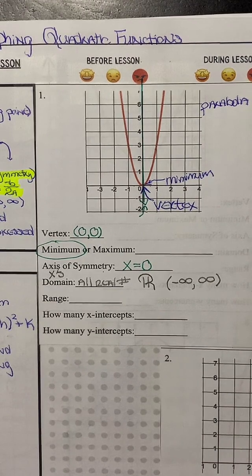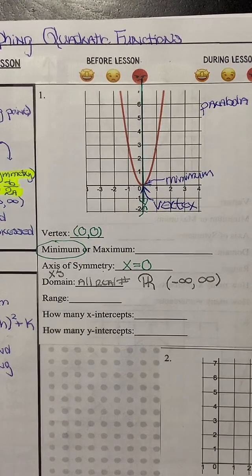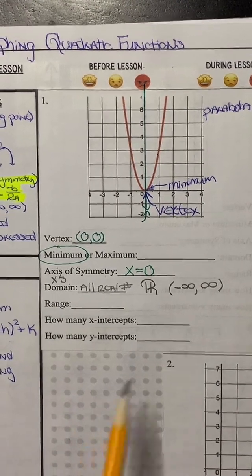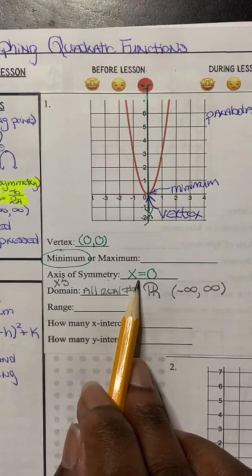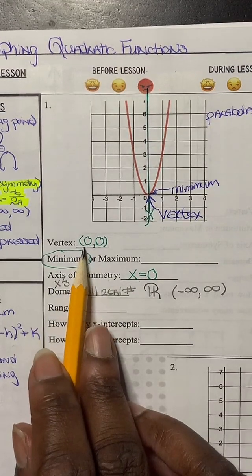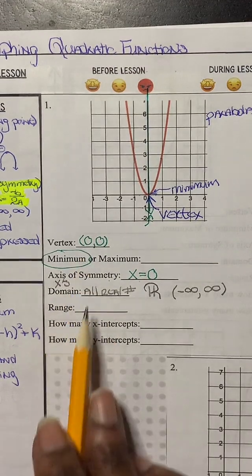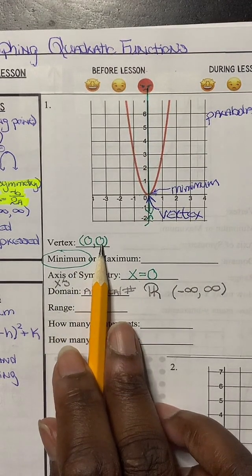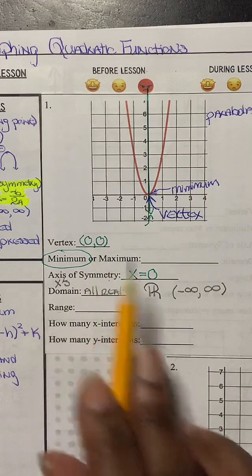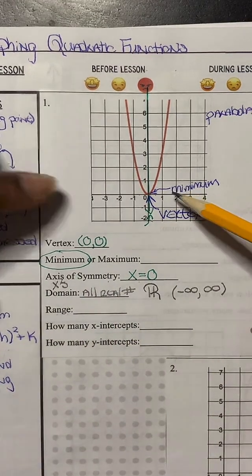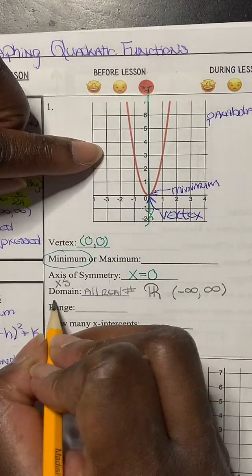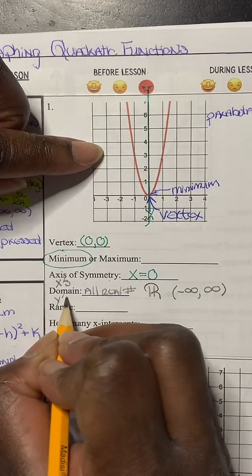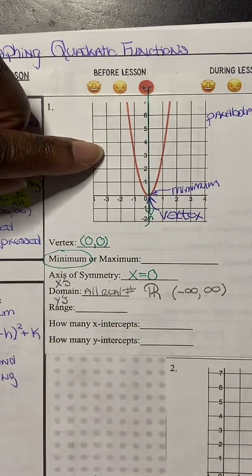All right. So, your range, just as with your axis of symmetry, you can take from your vertex. Okay? So, if you look, my range, that's my y's, the list of my y's.